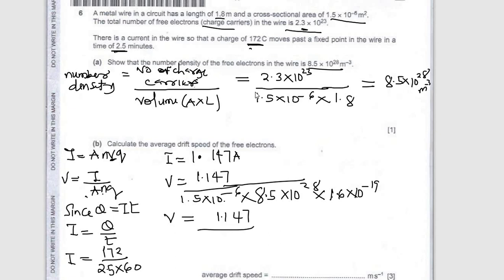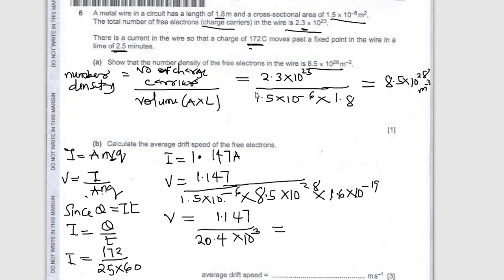1.147 divided by 1.5 times 8.5 times 1.6. I think that is 20.4. We have 20.4 multiplied by 10 to the power minus 6 minus 19 plus 28, that will be 3.